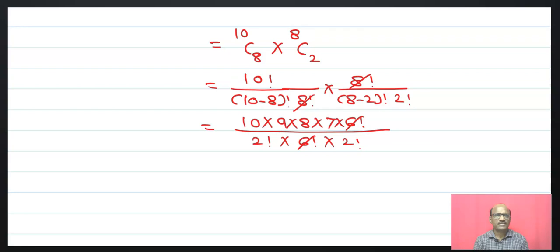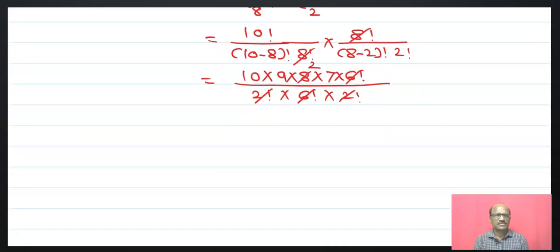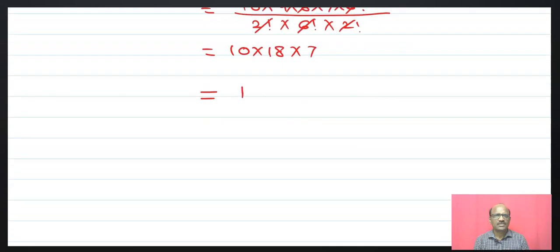That is, 2 factorial and 6 factorial get cancelled. That is 10 into 18 into 7, which equals 1260.